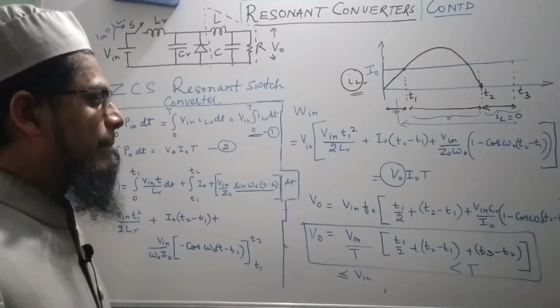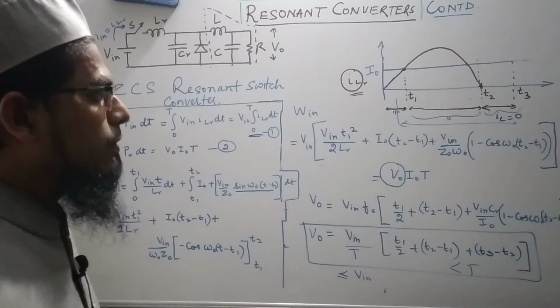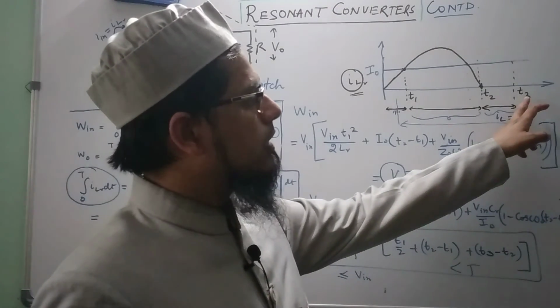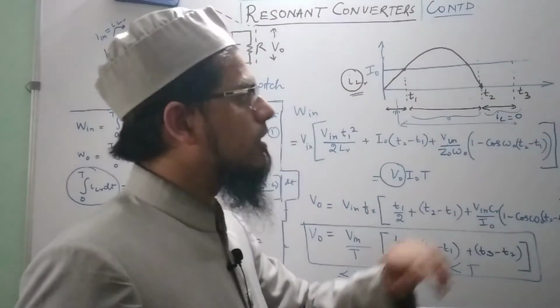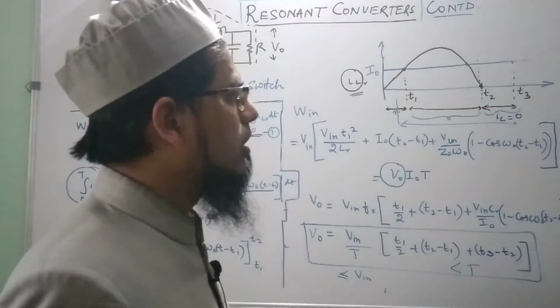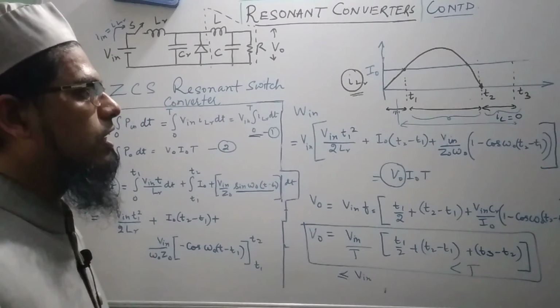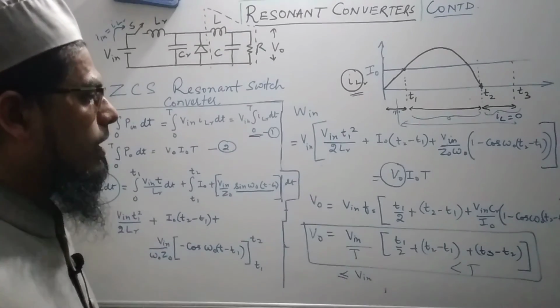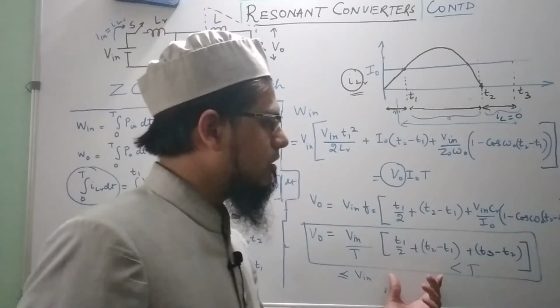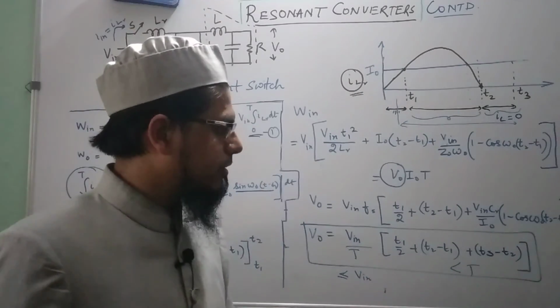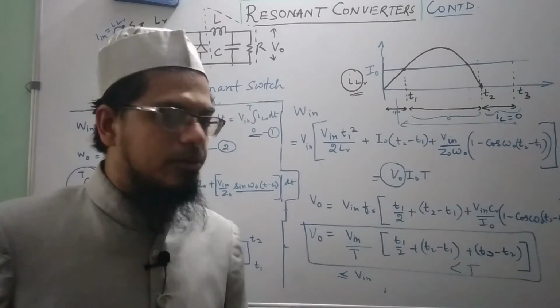Okay. One thing is to ensure that T3 should be less than capital T. Okay, T3 should be less than capital T. Then only we are having a steady state operation. Okay. Okay, fine.